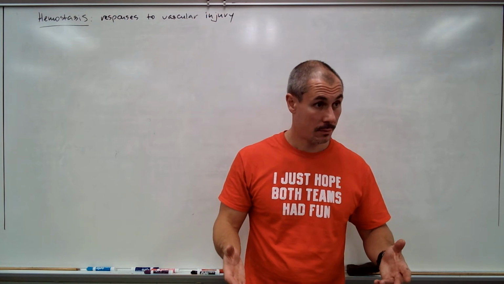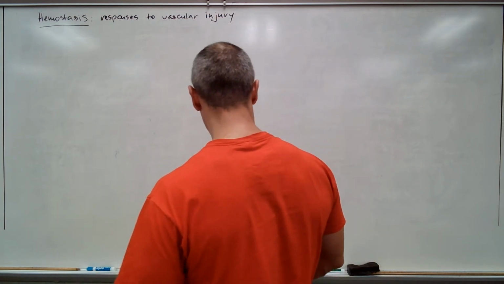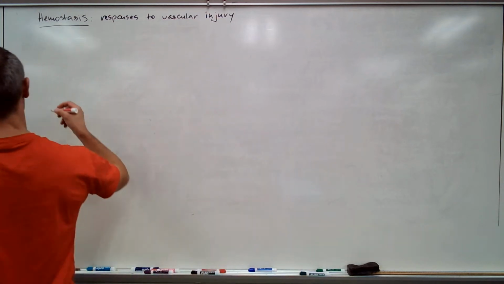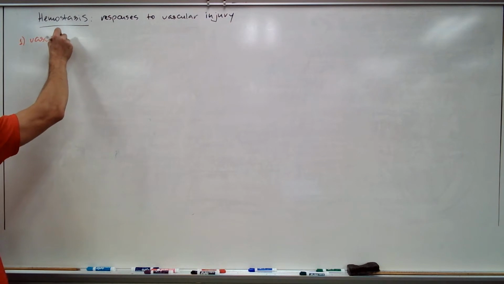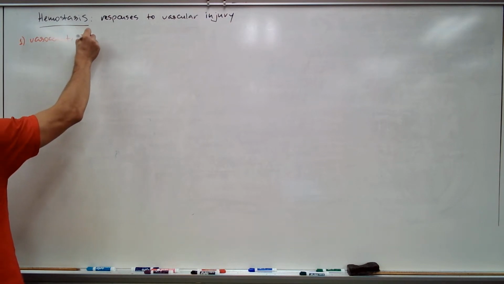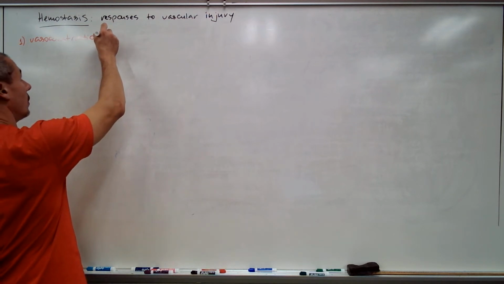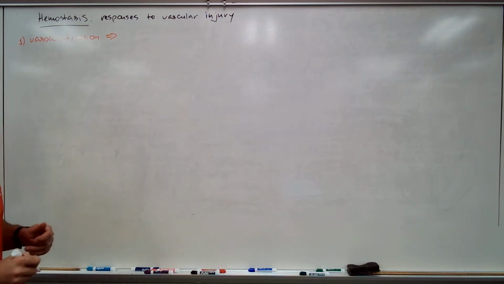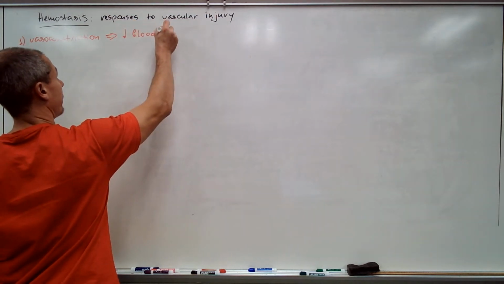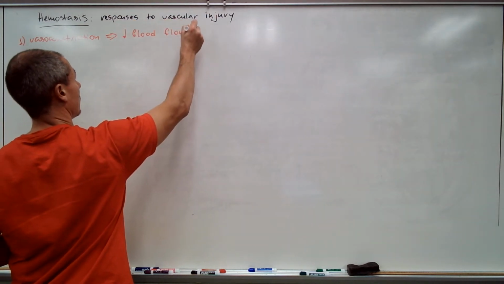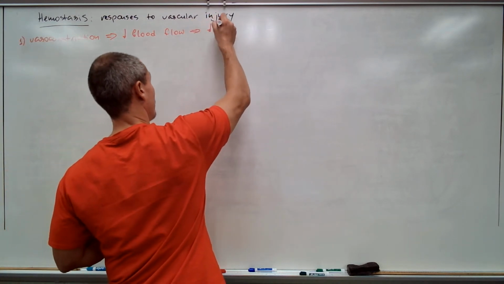injury happens. So, blood vessel is injured. The first step of hemostasis is vasoconstriction. Okay? Vasoconstriction results in the reduced blood flow to the affected area, and that results in the reduced blood loss.